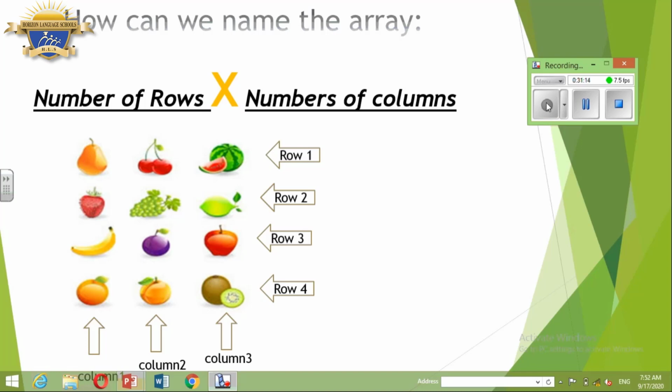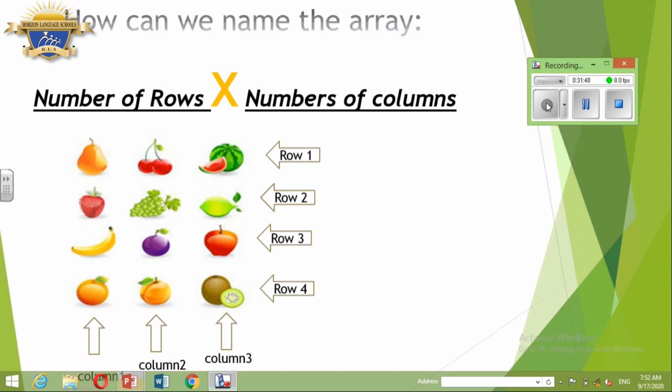Array is shapes, objects, or numbers arranged in order in columns and rows with no gap. And we said that we see arrays in our daily life.